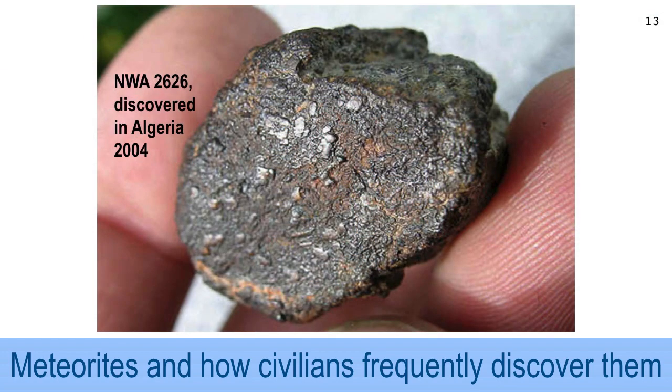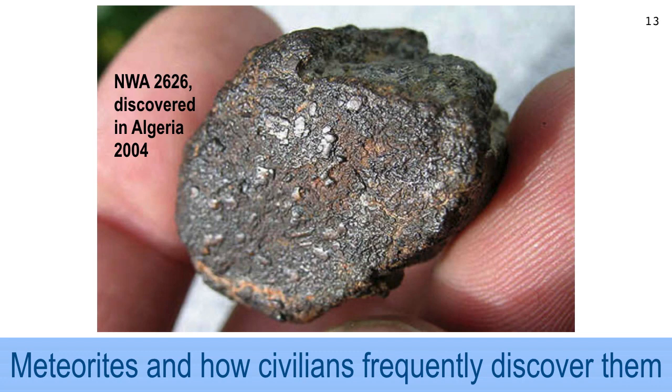So it's really good. And that's how we know some of the rock formations on Mars. Now here's NWA 2626. NWA means Northwest Africa. It was discovered in Algeria back in 2004 by civilians, people that lived out in the outback in Algeria. This one we know is from some of the volcanoes in the Tharsis area of Mars.